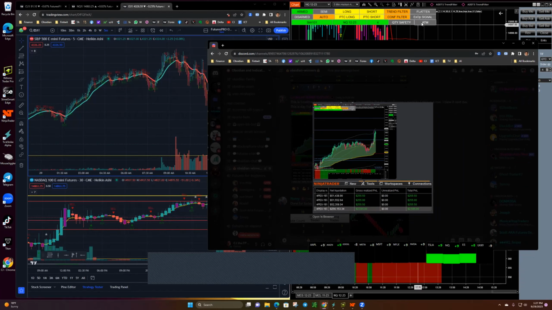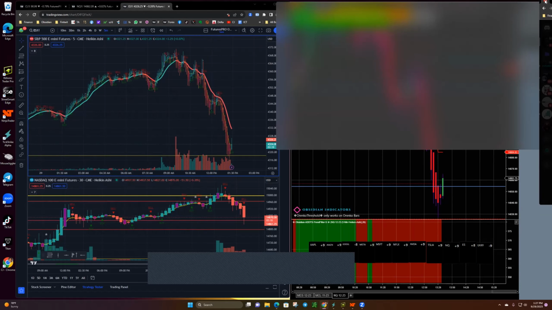And had I had the 50 tick trailing, it would have probably been stopped out halfway through, and I would have caught still a good 200 ticks. But because I had it with no ATM, I was able to catch over 500 ticks.